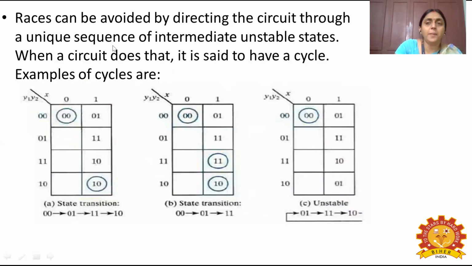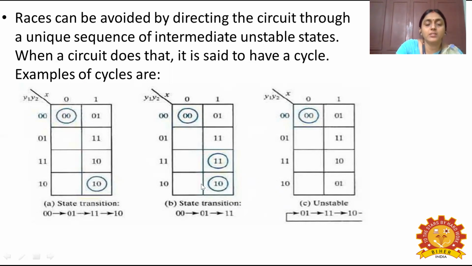Races can be avoided by directing the circuit through a unique sequence of intermediate unstable states. When a circuit does that, it is said to have a cycle. Here is an example of such cycles in the diagrams below. The state transition in diagram A goes from 00 to 01, from 01 to 11, and from 11 to 10.